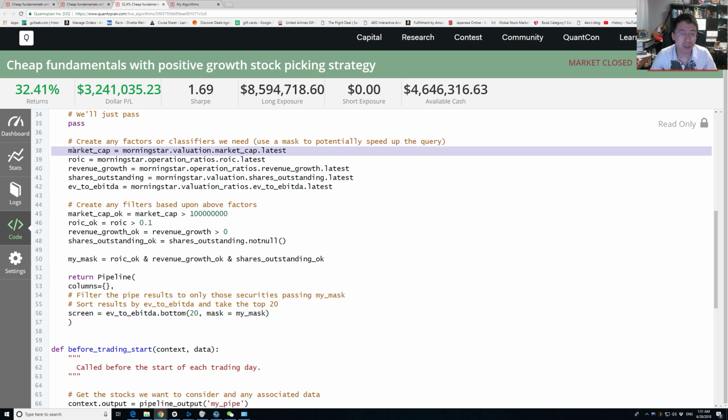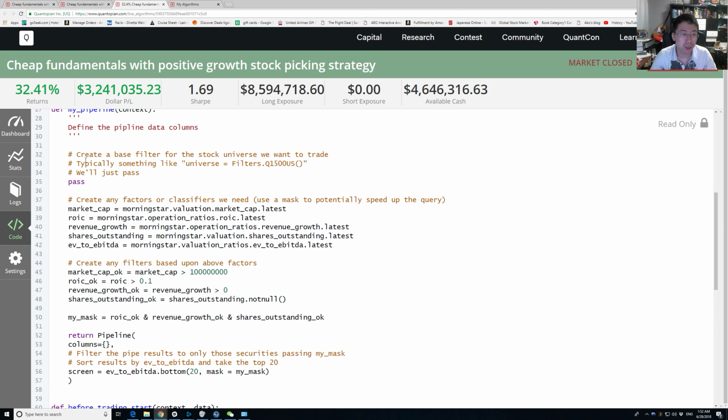So first of all, I say, okay, I define these variables. Market cap is market cap from Morningstar. ROIC, return on invested capital, is again from this Morningstar dataset, which Quantopian provides, and the latest ROIC for whatever company, and then the revenue growth again is the year-over-year revenue growth.